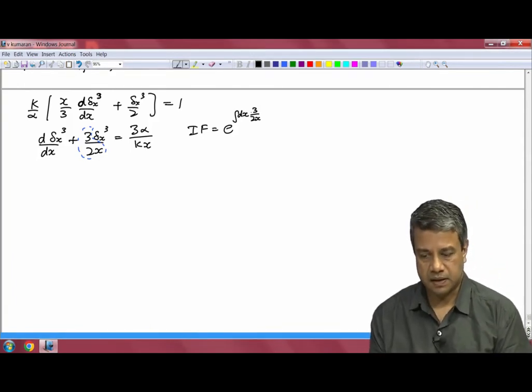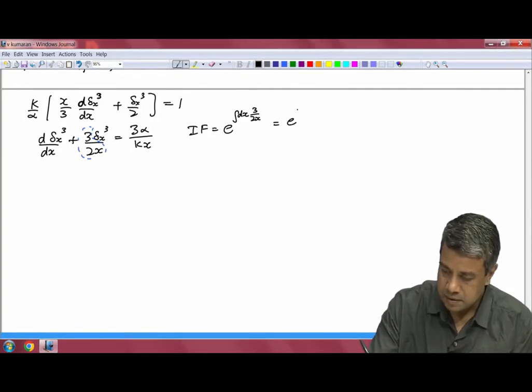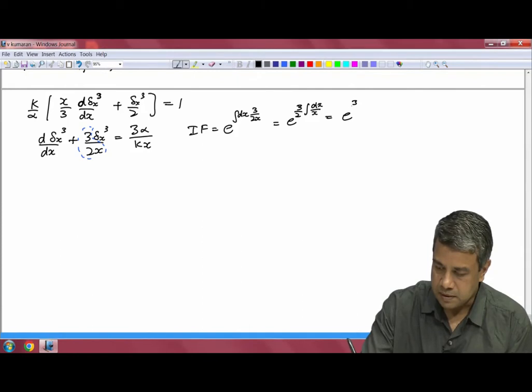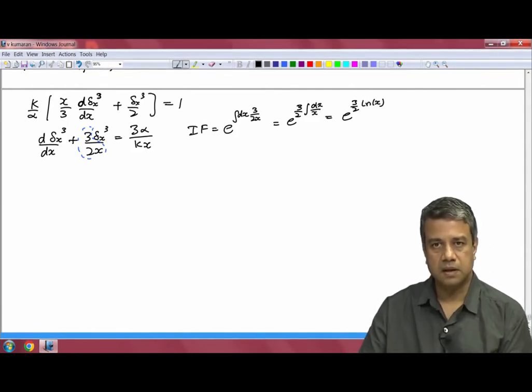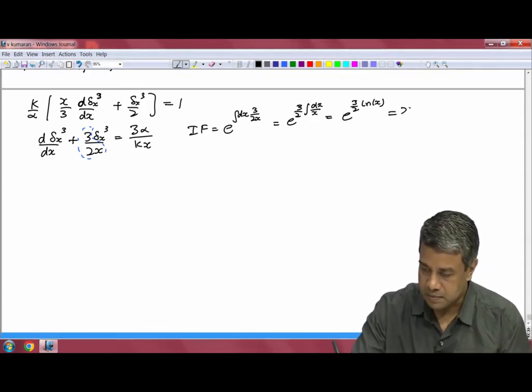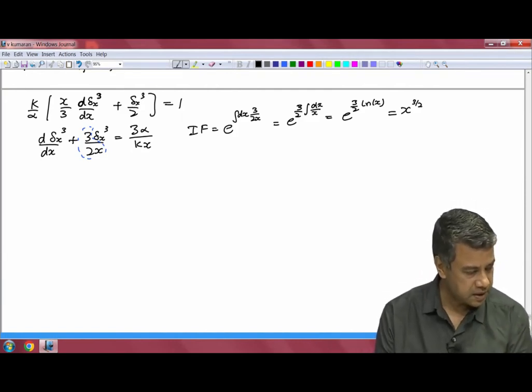Okay, that is the integrating factor. So, this is equal to e power 3 by 2 integral dx by x, which is e power 3 by 2 times the natural logarithm of x, which will basically be x power 3 by 2.